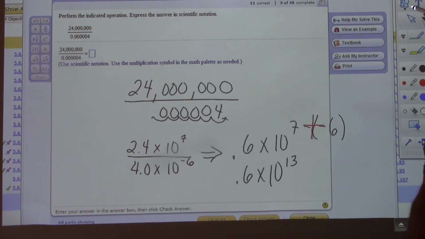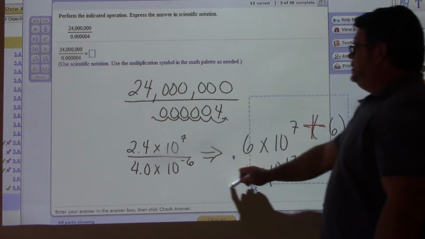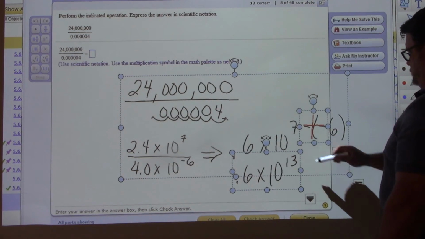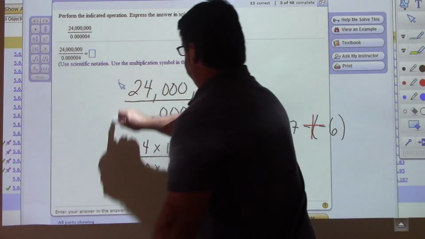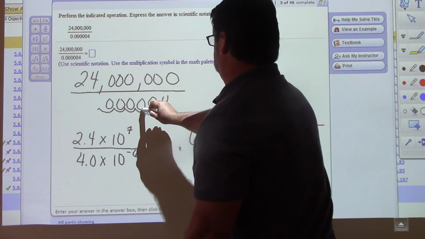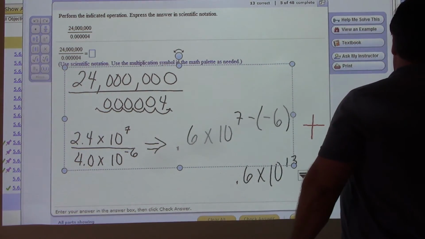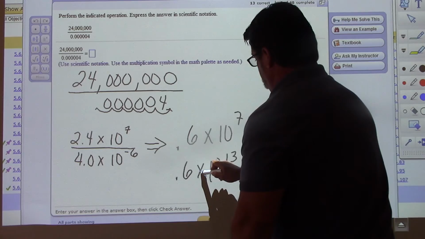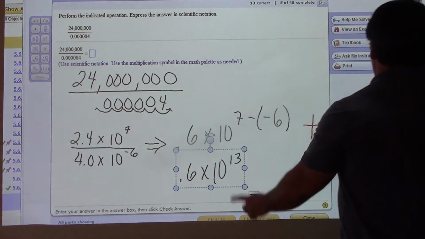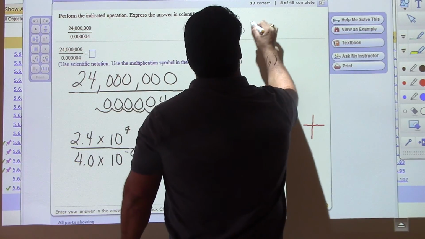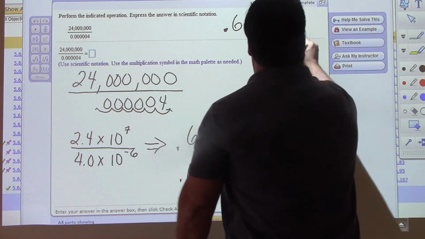I'm going to move all that if it'll let me. Okay, I'm going to bring that up here. 0.6 times 10 to the 13th power.